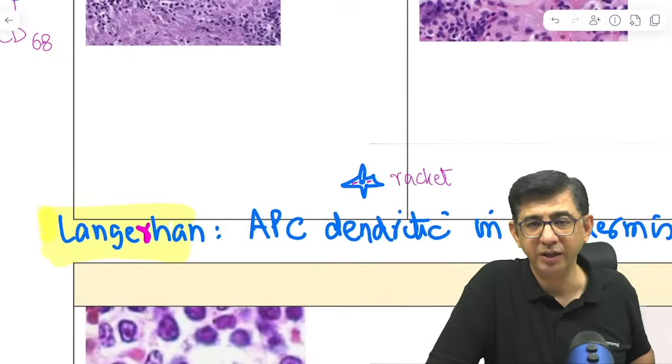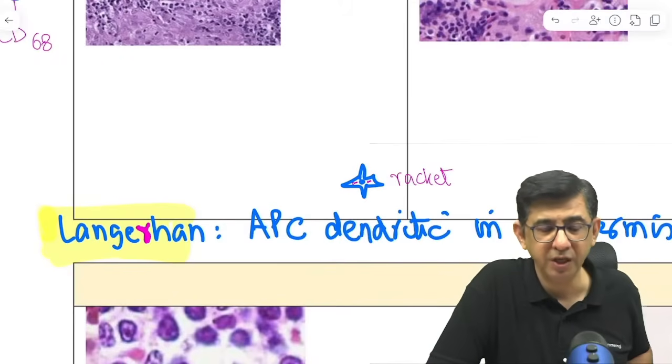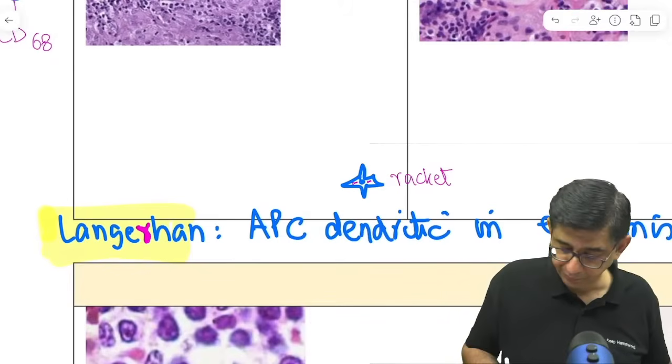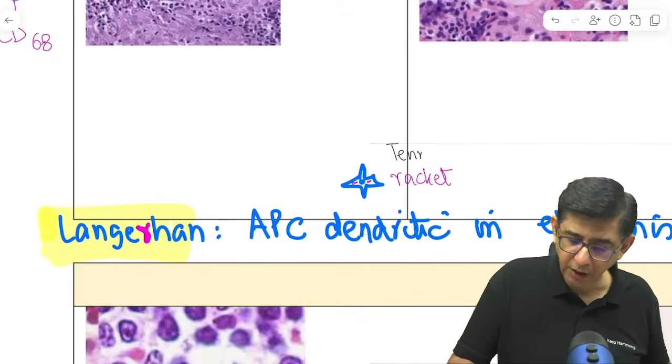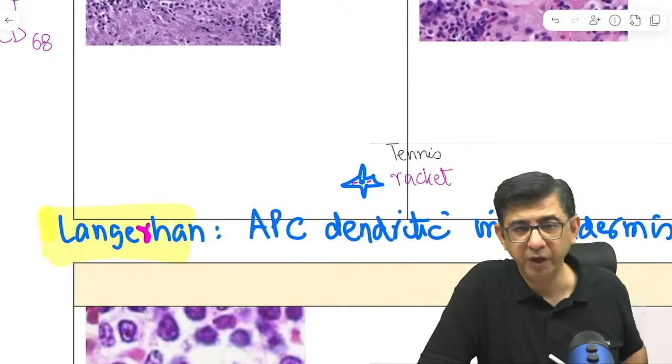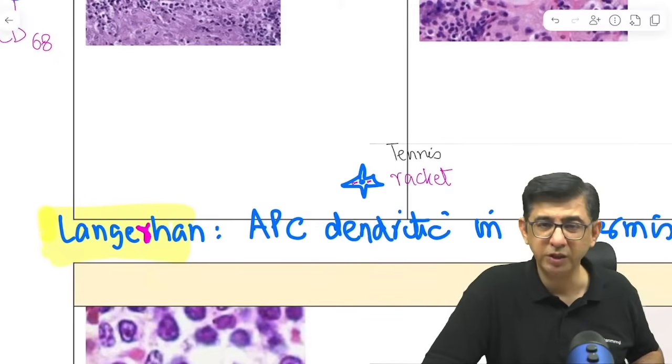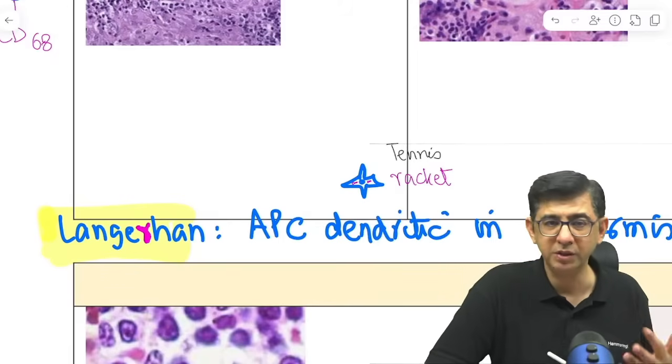Langerhans cells are antigen presenting dendritic cells in the dermis, with a tennis racket appearance. If you have a better way of remembering it, I'm okay with it. Even without all these alphabet cues, you easily know TB versus Langerhans.